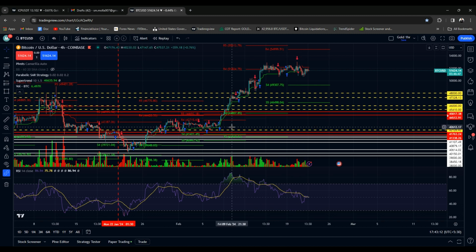The RSI is coming down. We have a direct target at the pivot support. We have a parabolic SAR signal that came out on the 20th, the day before yesterday. But again, you see that when the signal comes down, it's closer to 51,000, creating that execution issue that I was talking about.